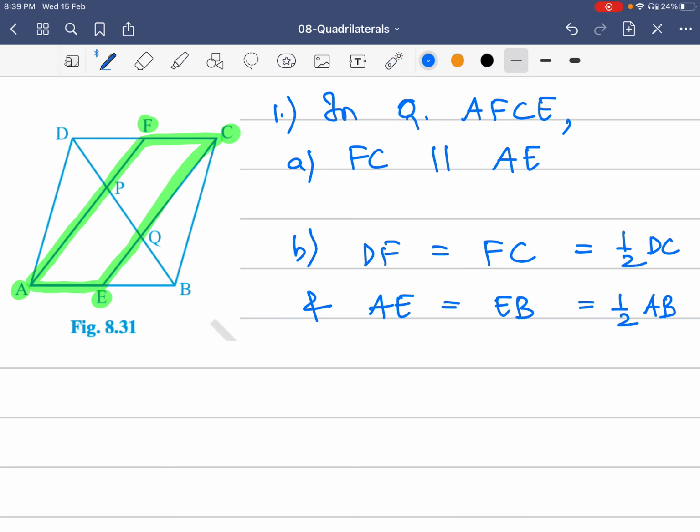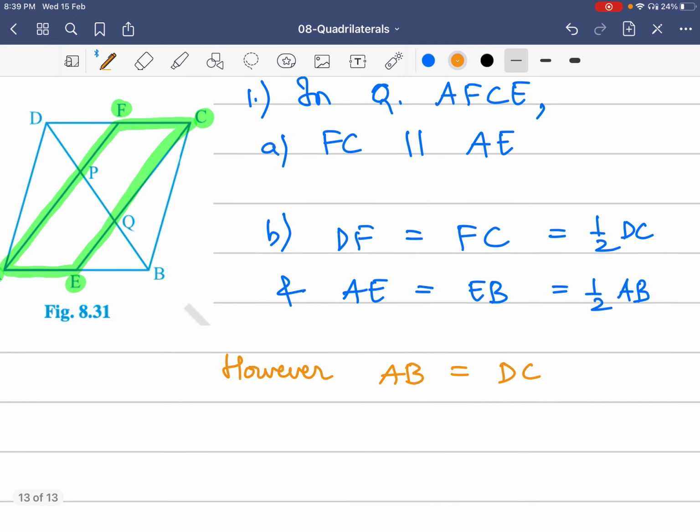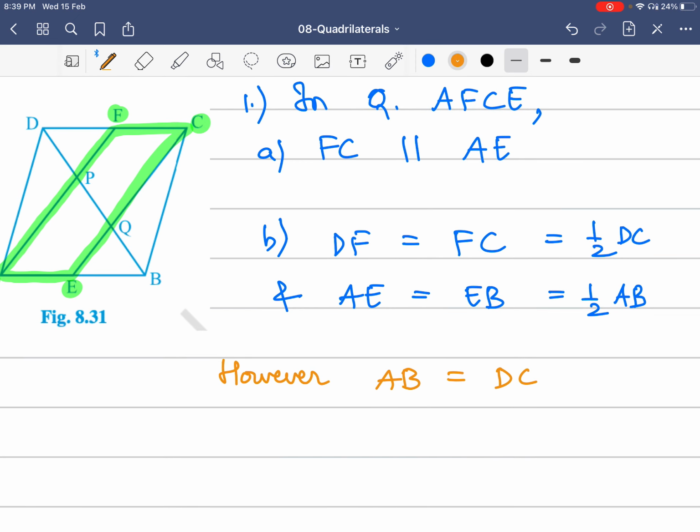However, AB is equal to DC, because they are opposite sides of parallelogram ABCD, the bigger parallelogram.